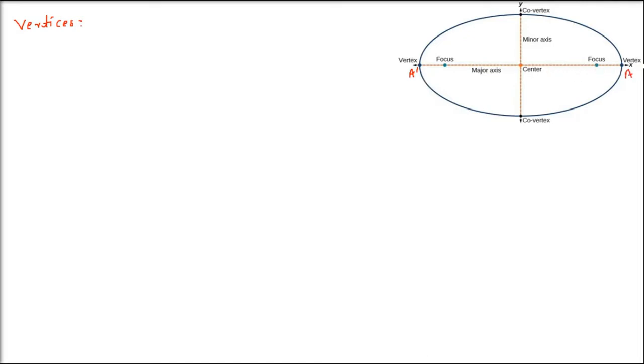This is a vertex; when you take more than one, they are called vertices. This was (0, 0) as we assumed. This A will be (a, 0) and then A dash will be (minus a, 0). I am talking about a horizontal ellipse.